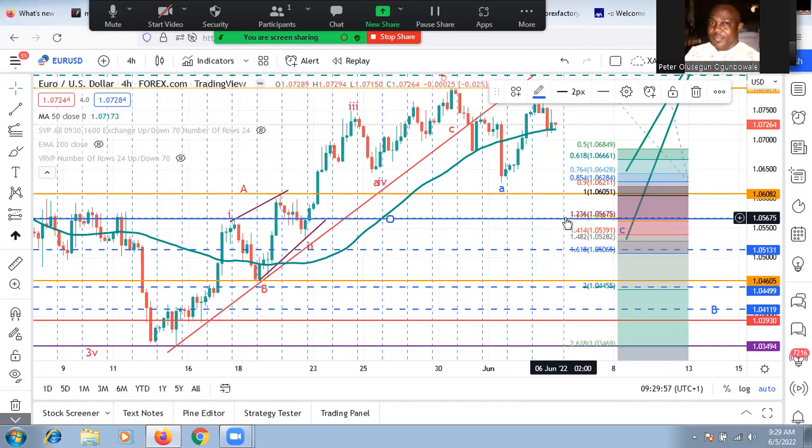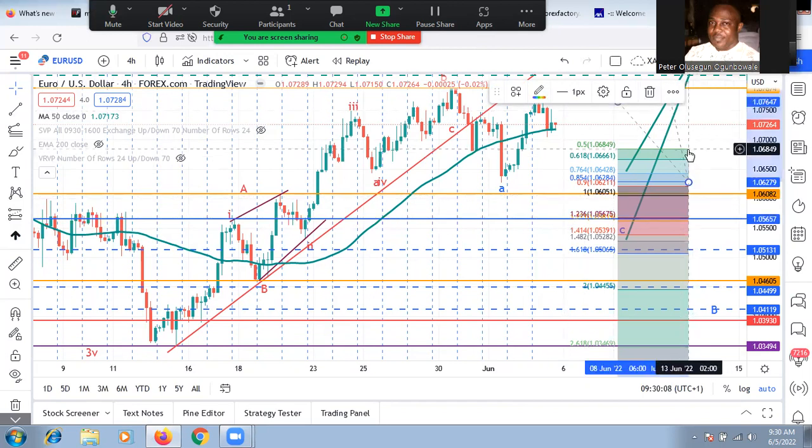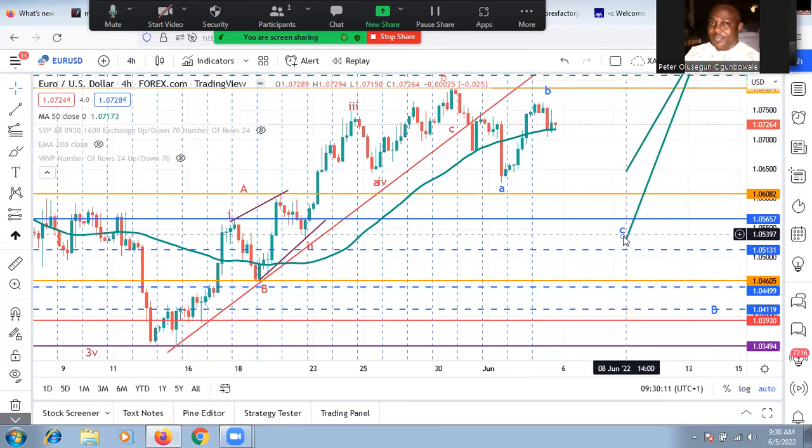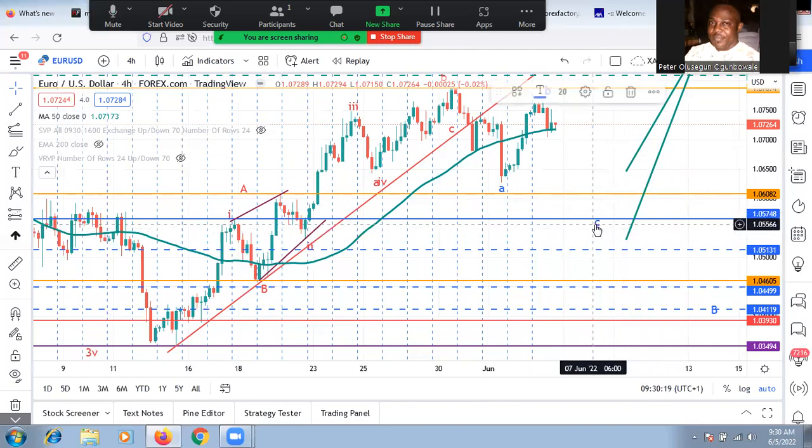Of course, the price will get there for sure. If it's going to go beyond that, it's one thing I wouldn't really know. But what I'm suspecting is this: if our C ends here, if our C is going to end in that place.